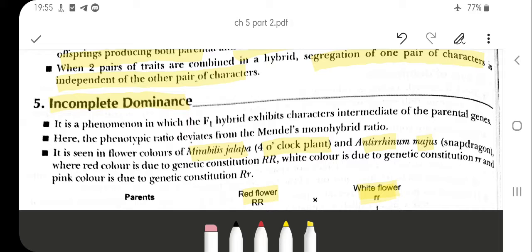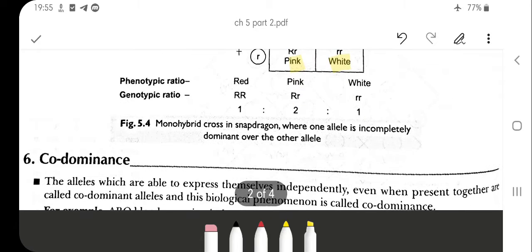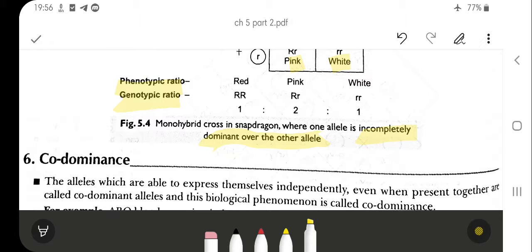In incomplete dominance, the genotypic and phenotypic ratios are the same, that is 1:2:1, which is basically the genotypic ratio of Mendel's law of segregation in the monohybrid cross. So in a monohybrid cross in snapdragon, where one allele is incompletely dominant over the other, the phenomenon is known as incomplete dominance, in which either of the two alleles is partially expressing itself.